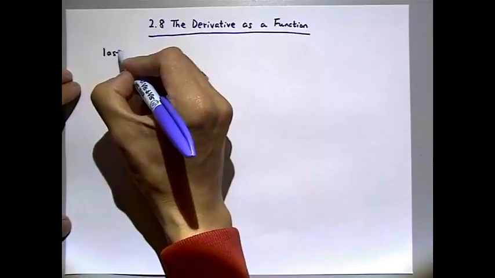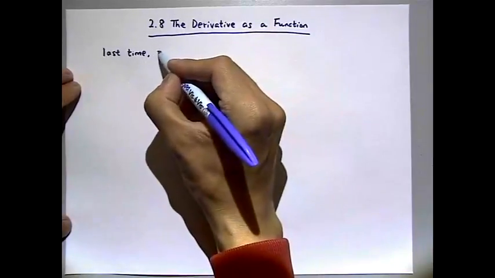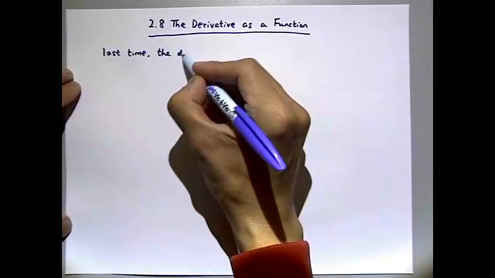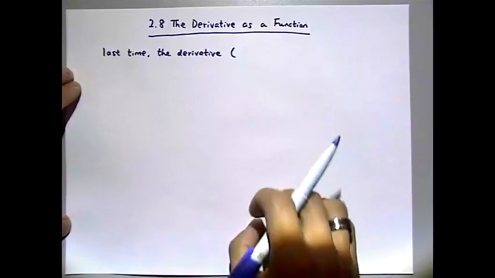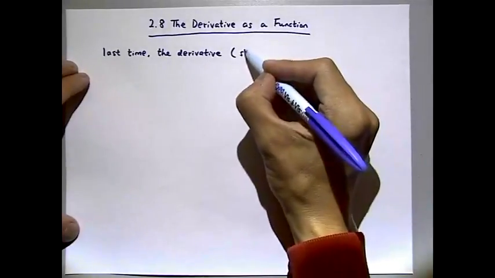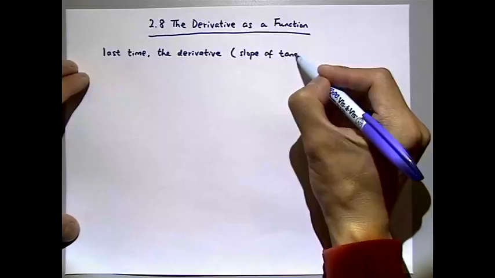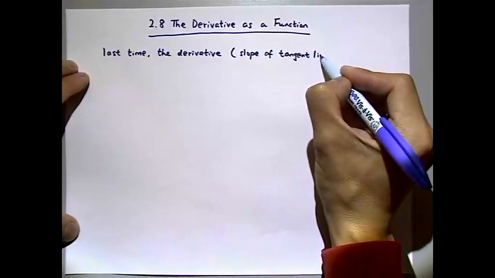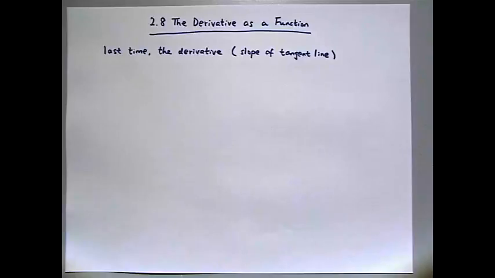So a brief recap. We want to keep in mind the geometric significance of the derivative. This is the slope of the tangent line, which translates into the instantaneous rate of change of whatever function you're looking at.